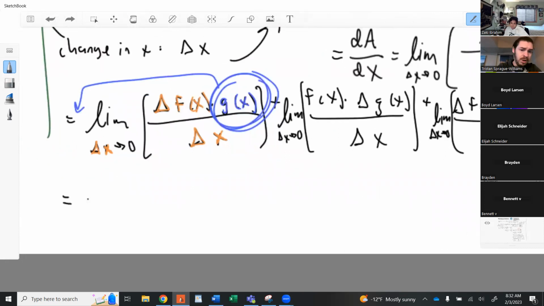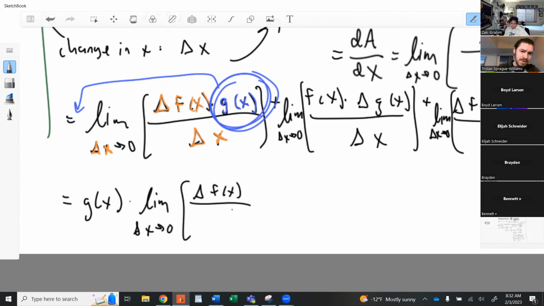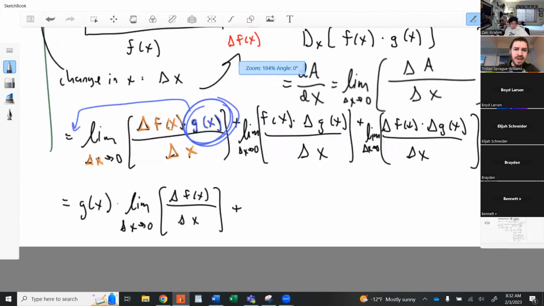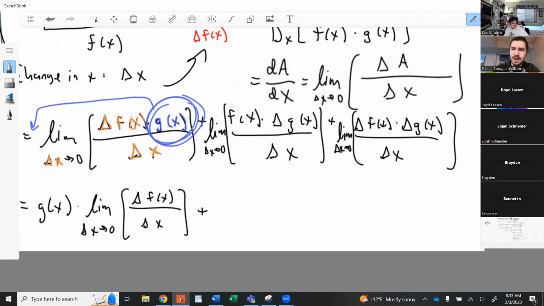So here I'm pulling out the g of x, and I just have this left over, change in f divided by change in x, right? Same thing over here. In the second term, it's the f of x, which is independent, and that part can get pulled out. And the rest of it all depends on the delta, right?